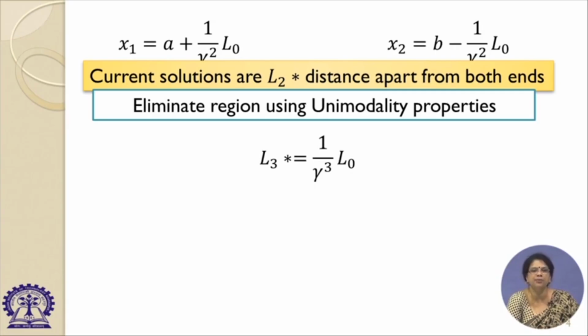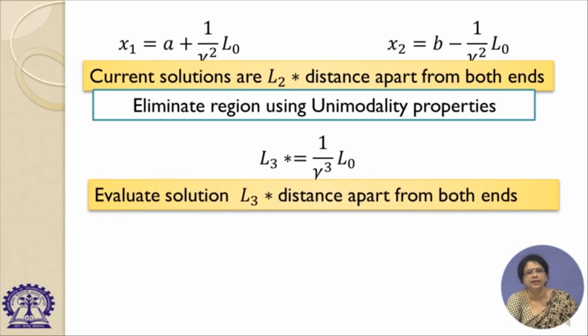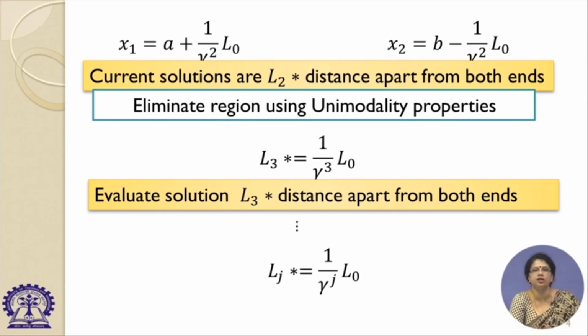And again we will take 2 points that would be equidistant from the new interval of uncertainty, and that distance is L naught divided by gamma cube, that is L3 star. We will get again 2 points within the endpoints. Again we will use the unimodality property, eliminate a portion of the interval, and in this way we will proceed.